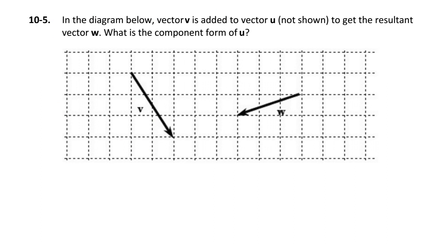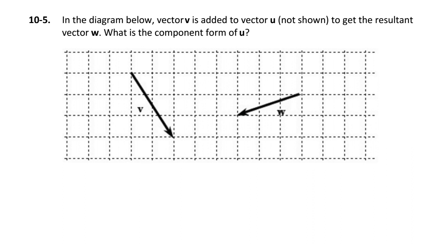It says in the diagram below, vector V is added to vector U, which is not shown, to get the resulting vector W. What is the component form of W? In other words, they're asking us for our horizontal and vertical components.